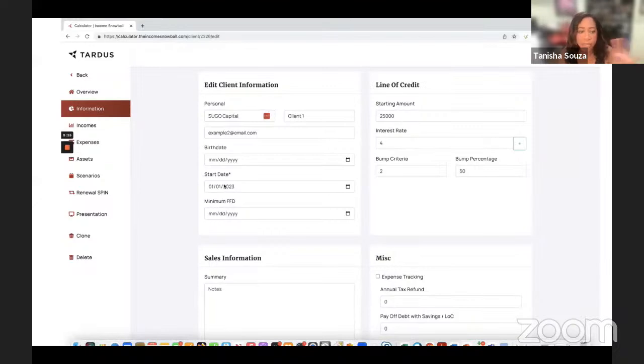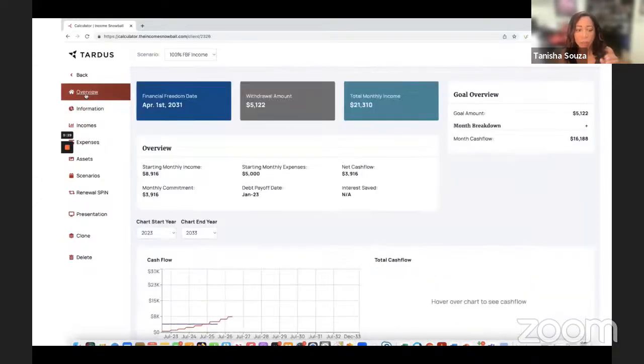And let's say they start their income snowball in January of this year. What that looks like is their financial freedom date is April 1st, 2031. And behind the scenes we're using fast burning fuel of, oh no, I'm sorry, 5 years, 5 years amortized at 9% principal and interest.